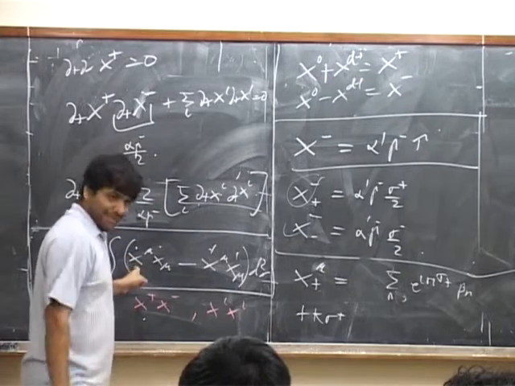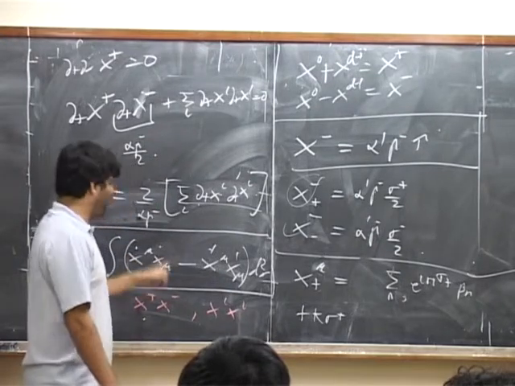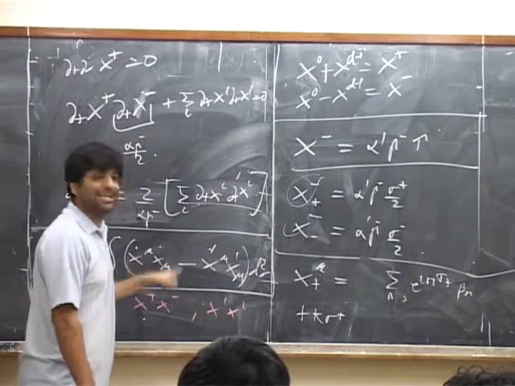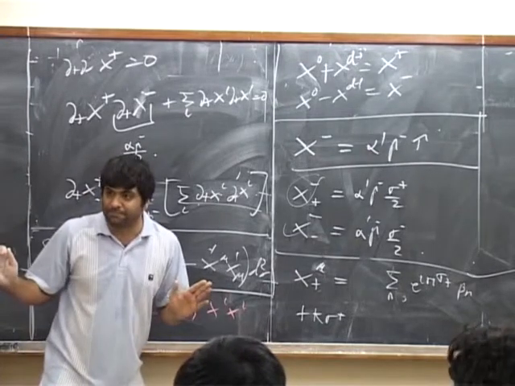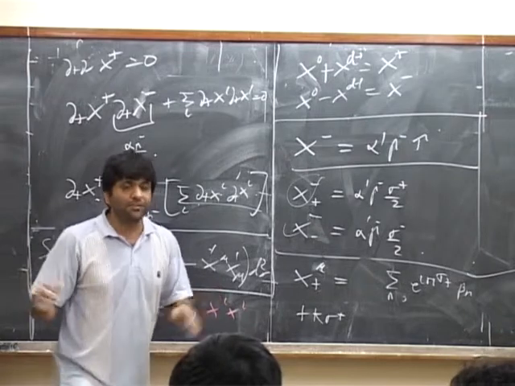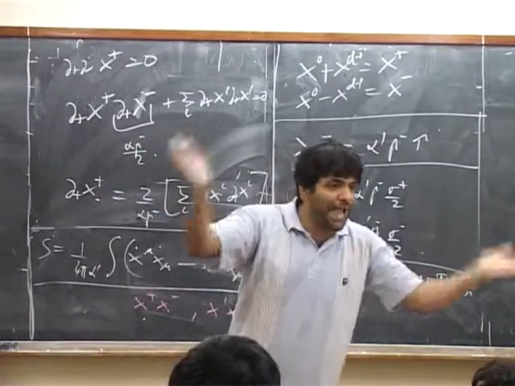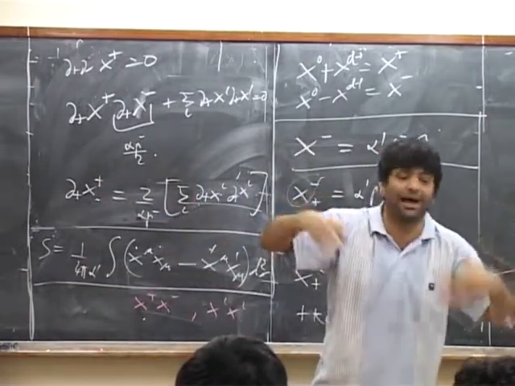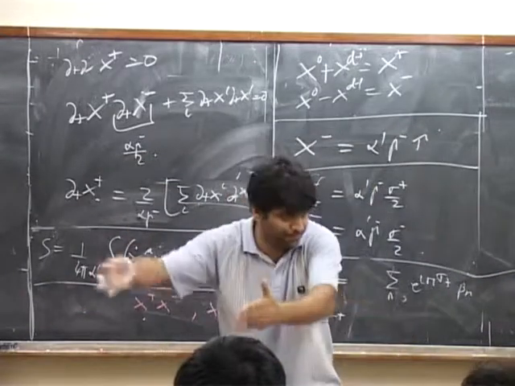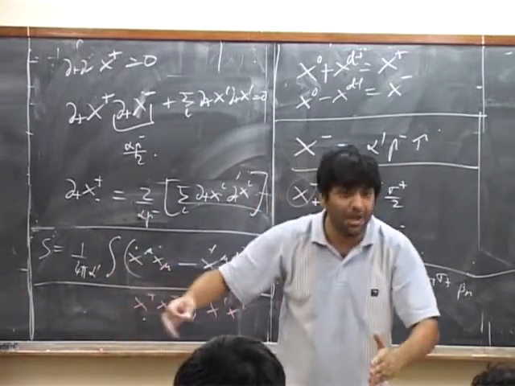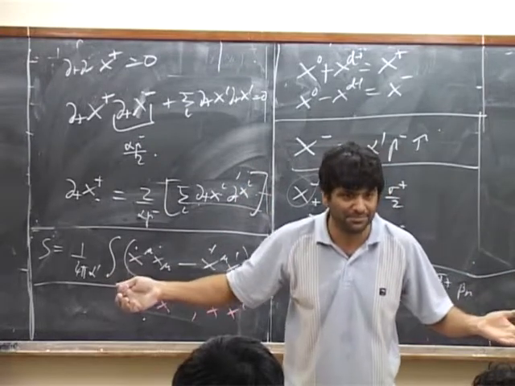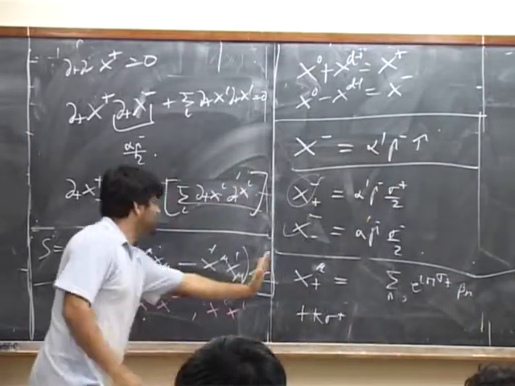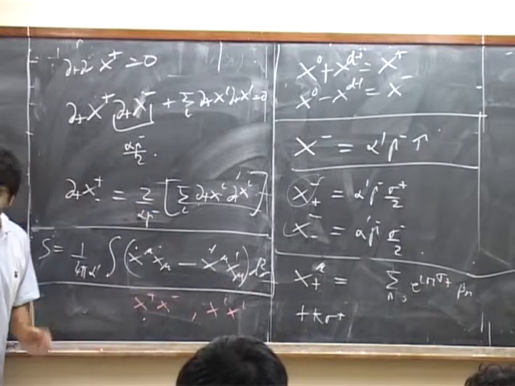So the action that remains is an action only for the zero modes of x plus and x minus. Is this clear? So there's no action remaining for the oscillator modes of x minus, because of the gauge condition, or the oscillator modes for x plus; they just don't enter the action. The xi's are just not affected by what's going on.